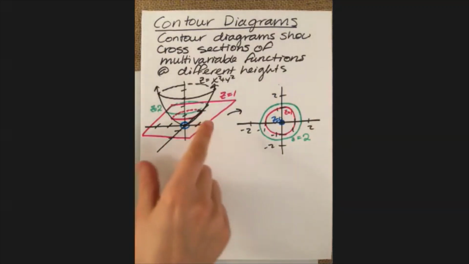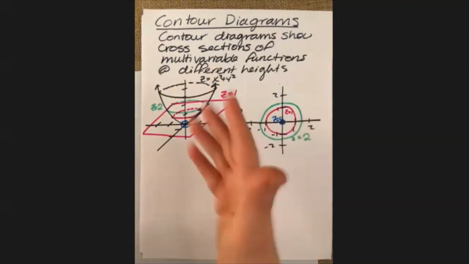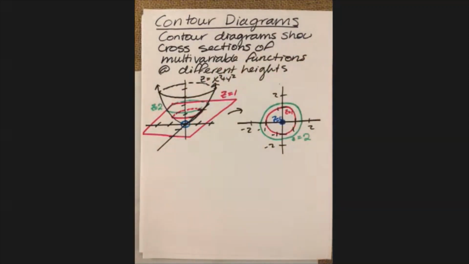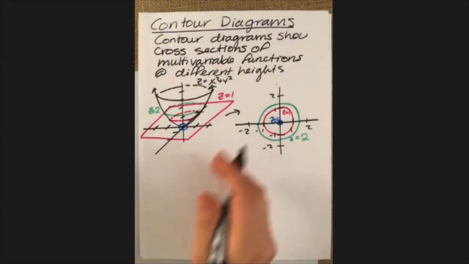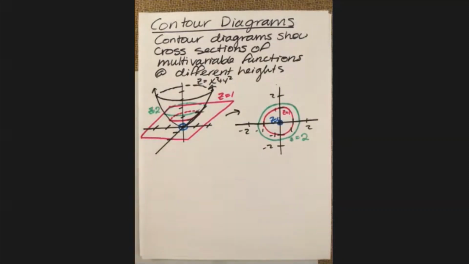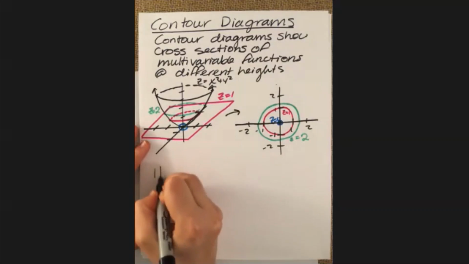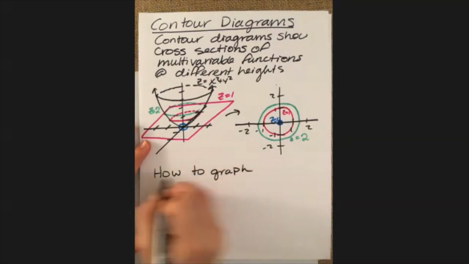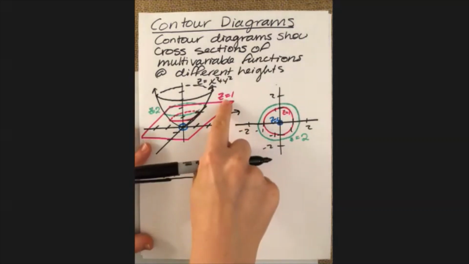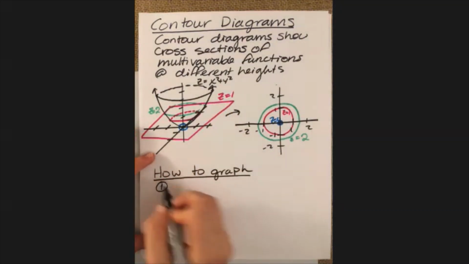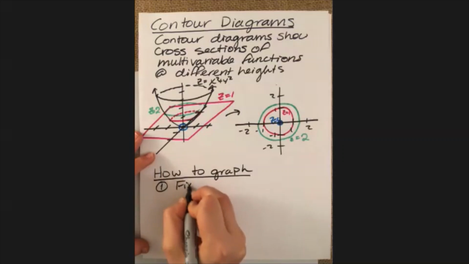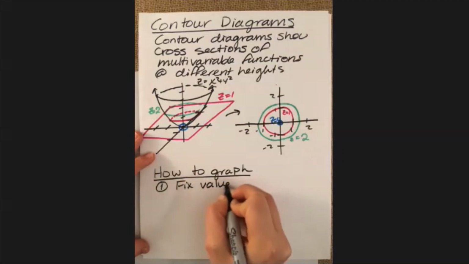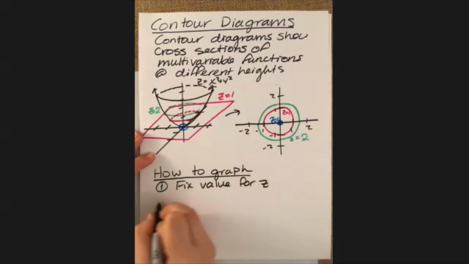But a lot of times, we don't really want to graph a three-dimensional function and say, okay, let's imagine what the planes look like as they intersect it and then draw it that way. So how can we do this without ever having to work with the three-dimensional graph? The secret to this is that the big idea is that we're setting z to be equal to a specific value. So you always start by fixing a value for z.